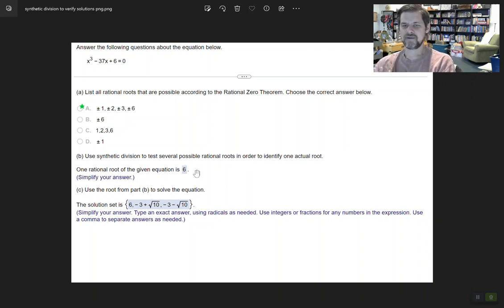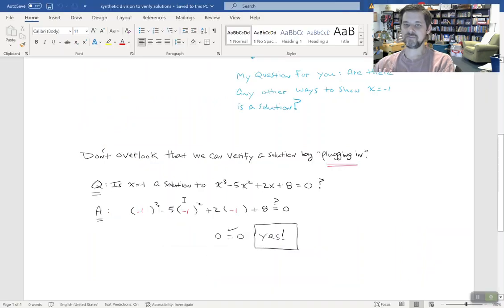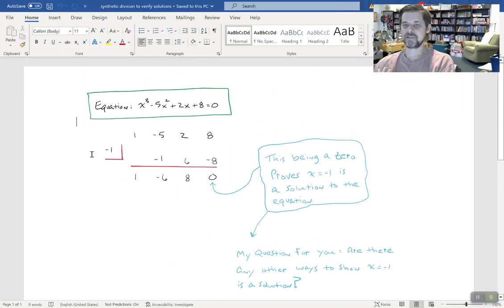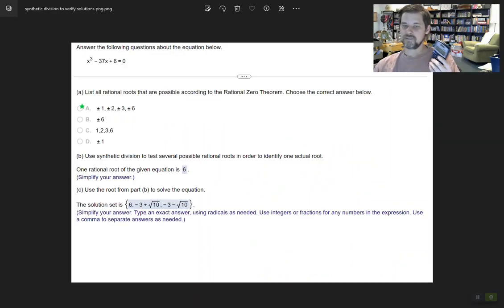If you use synthetic division, you're going to have to write this out each time you try one of them, and I just think that's going to take longer. With a handheld calculator, I think you could take these numbers and plug them in until you find the one that works way faster. I just think it'd be easier.